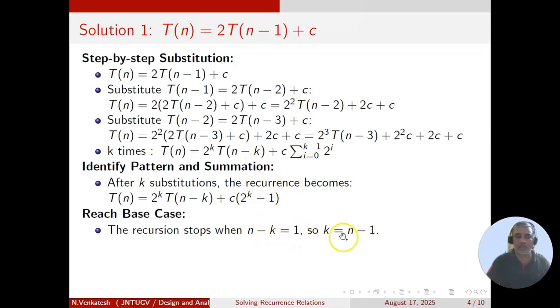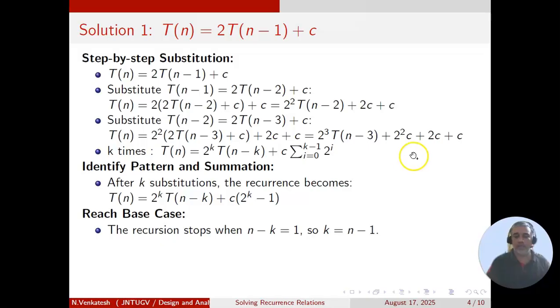So we get k as n-1, and if we substitute, T(n) is 2^(n-1) plus c times the summation 1 + 2^1 + 2^2, and so on up to 2^(k-1).